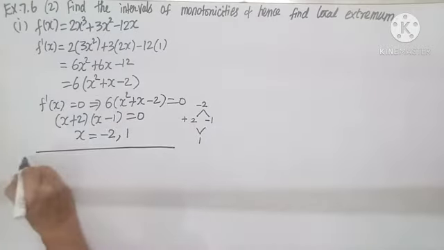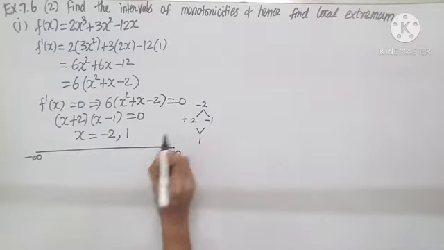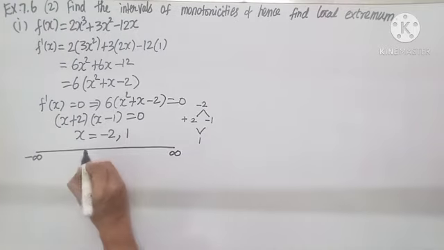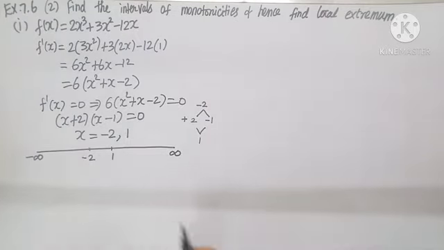Draw the number line with minus infinity at the extreme left end and plus infinity at the right end. Mark minus 2 and 1. How many intervals do I get?